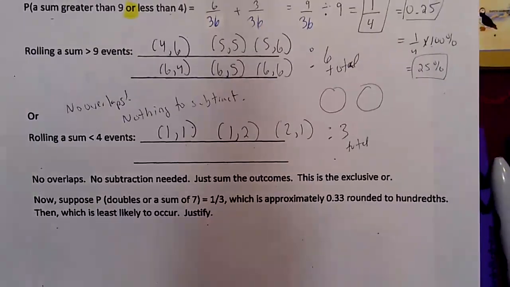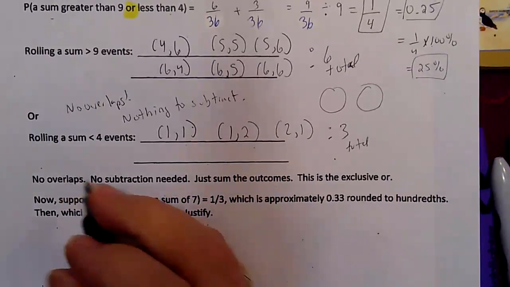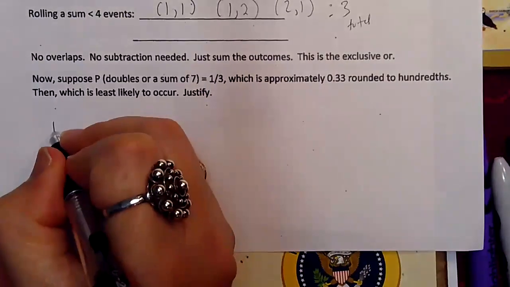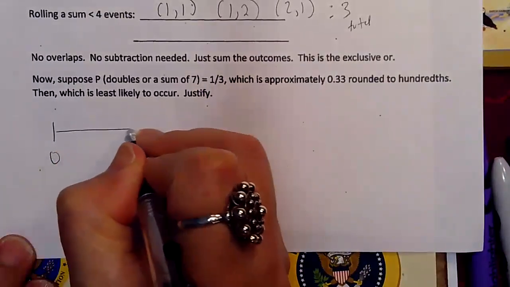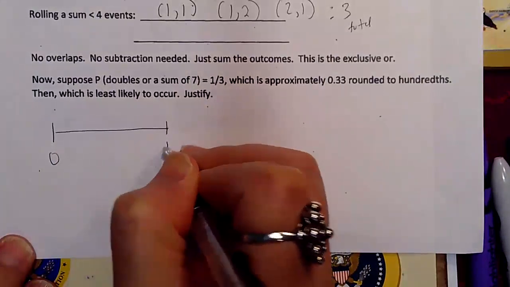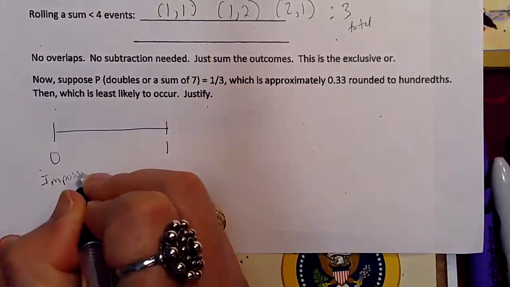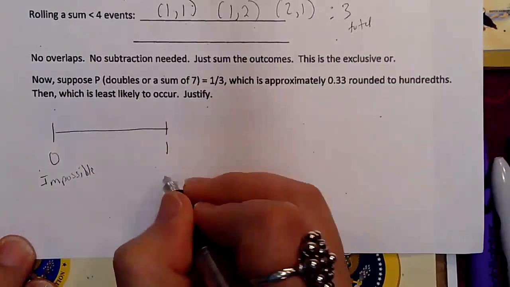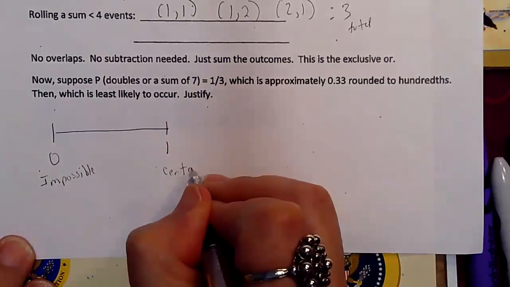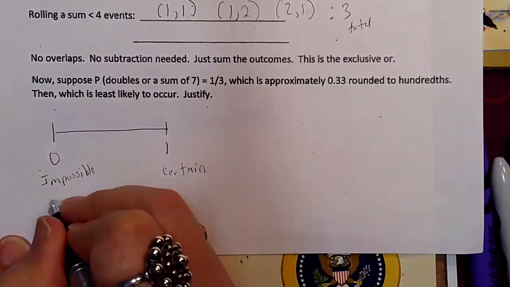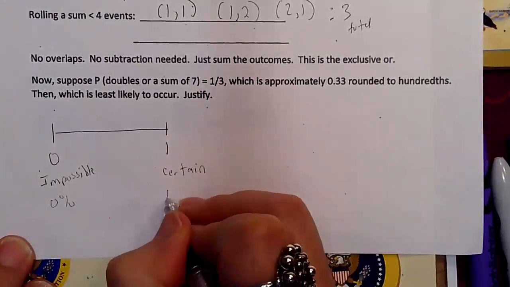So on this, think about, you'd have to talk about this. You have 0, 1. This is impossible. This is certain. This is 0%. This is 100%.